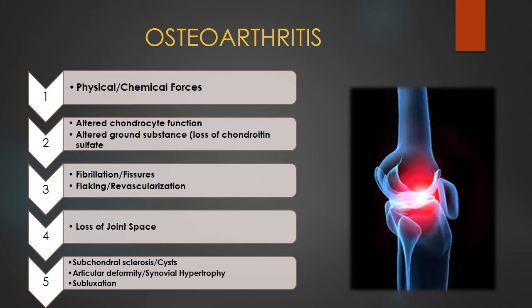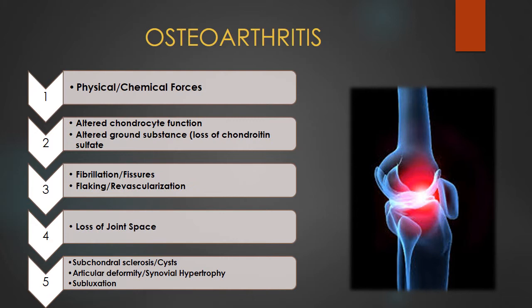Ground substance. Now, the ground substance is composed of several different chemicals with which you're familiar. It's composed of hyaluronic acid. It's composed of chondroitin sulfate. And you've heard of patients who take chondroitin and glucosamine sulfate in the hopes that taking these raw materials will enhance the ground substance and will enhance the integrity of the cartilage.